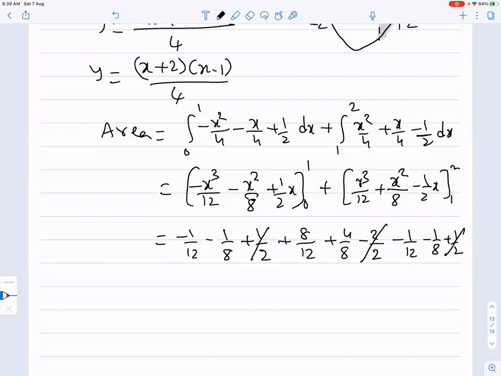Now we are getting 8 by 12, or we'll do it like this only. See, 8 by 12 minus 1 by 12 and minus 1 by 12, that is 6 by 12. 6 by 12 is half. Similarly, 4 by 8 minus 2 by 8, that is 2 by 8. 2 by 8 is 1 by 4. That is 3 by 4. Any doubt, students? Please write it down.